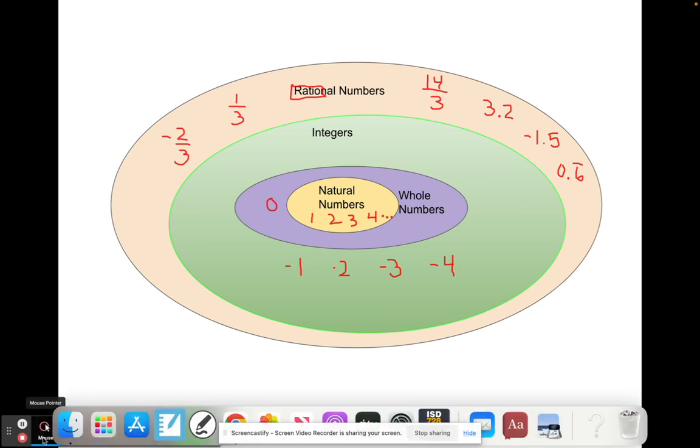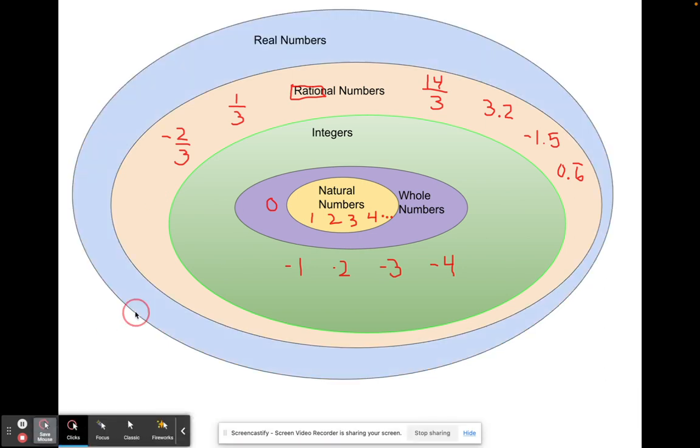Lastly, we have the concept of real numbers. Real numbers includes all of these natural numbers, our whole numbers, our integers, our rational numbers, but it also includes irrational numbers.